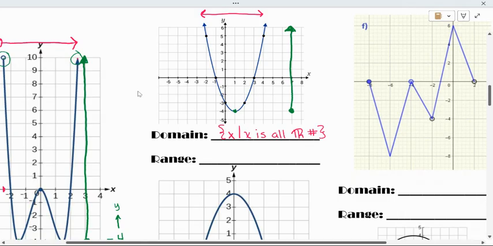That it goes on further. Yeah, but what's the smallest y value? Negative 4. So y is greater than or equal to negative 4. I'm going to write this one as a set as well so you guys get used to seeing that. So I'm going to put my little squiggly bracket, y such that y is greater than or equal to negative 4.